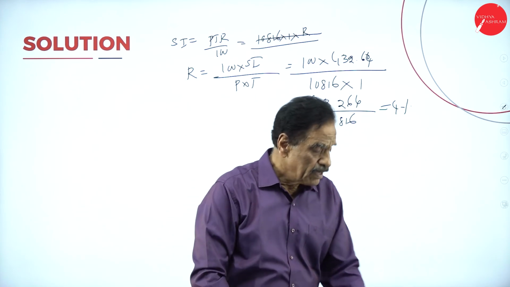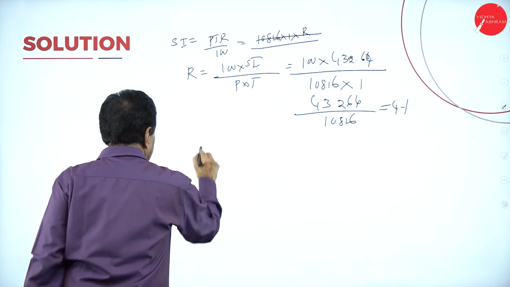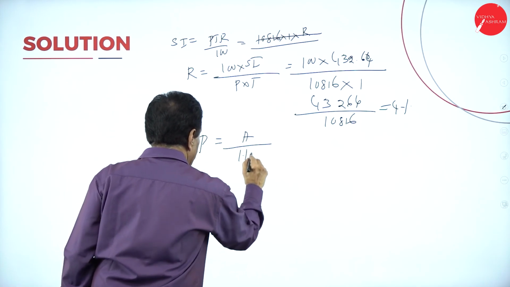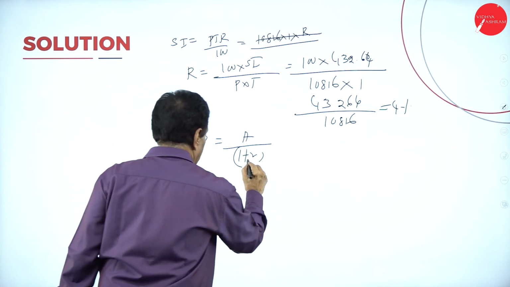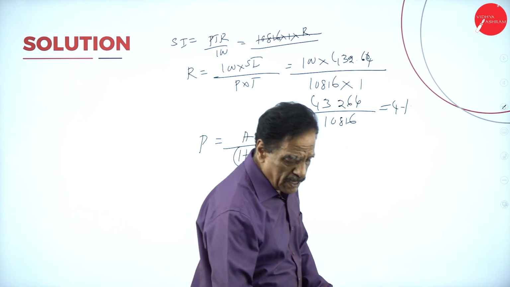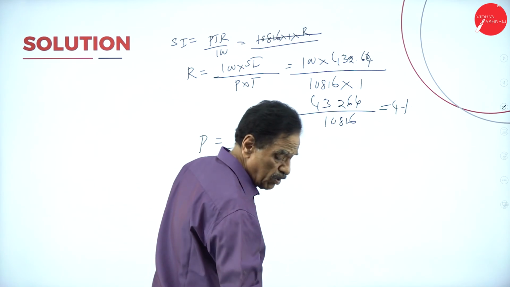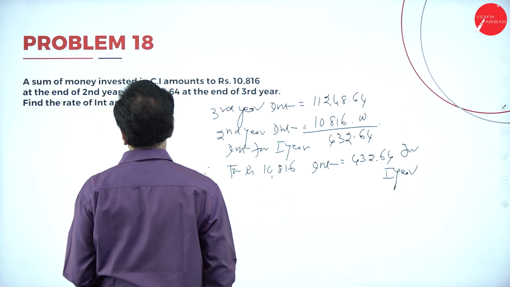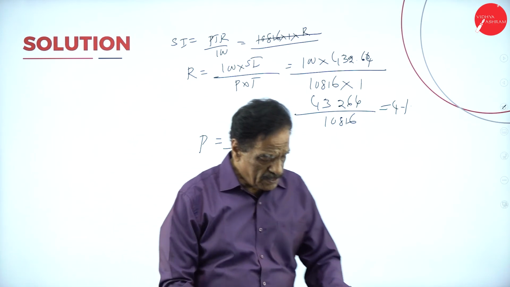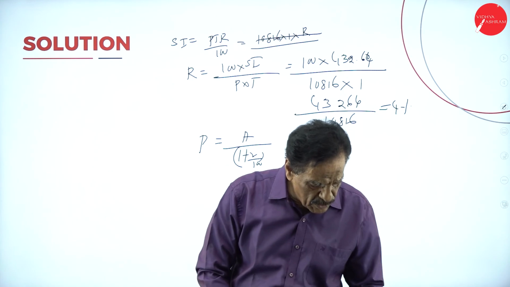Principal money is equal to A divided by 1 plus R over 100 to the power of n. How many years are there? 2 years. Underline this. N is equal to 2 years.